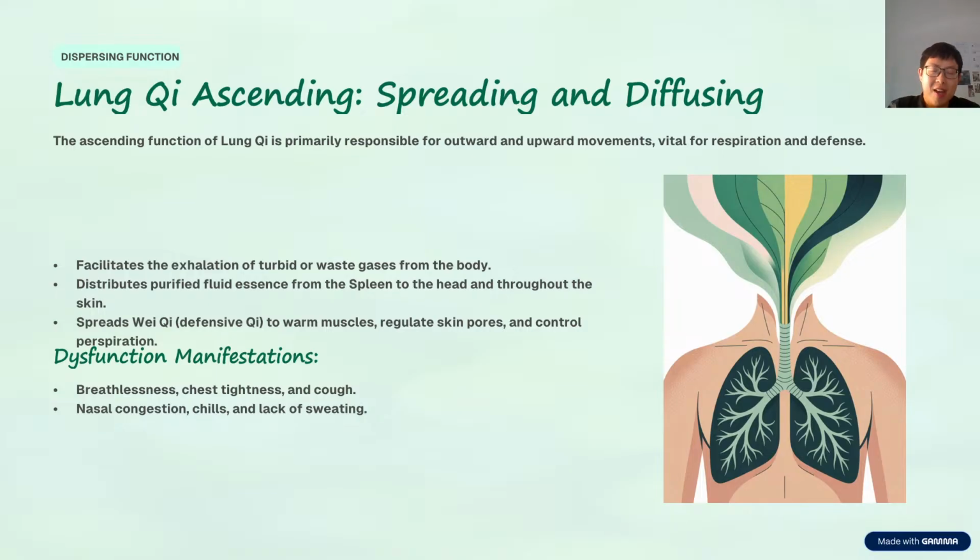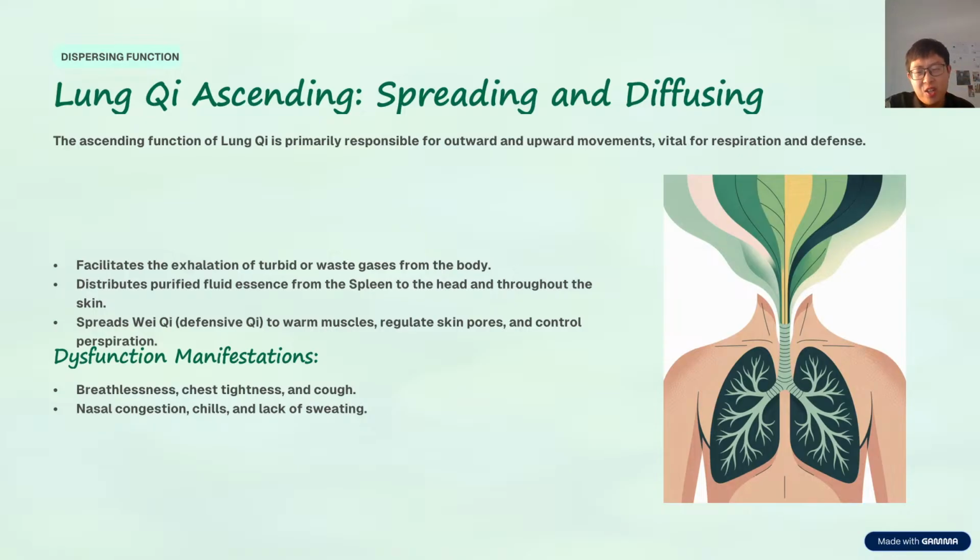The ascending lung energy spreads the defensive energy to the surface of the body, regulates sweating, and protects the body. So in Chinese medicine, the immune system working well also relies on the lung energy ascending. You just remember that.